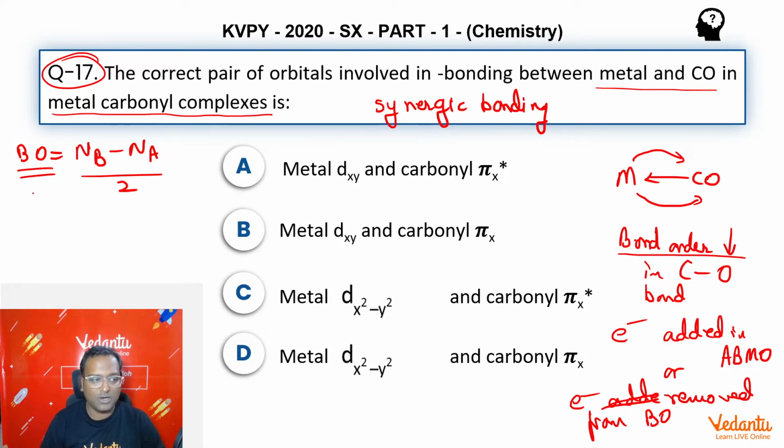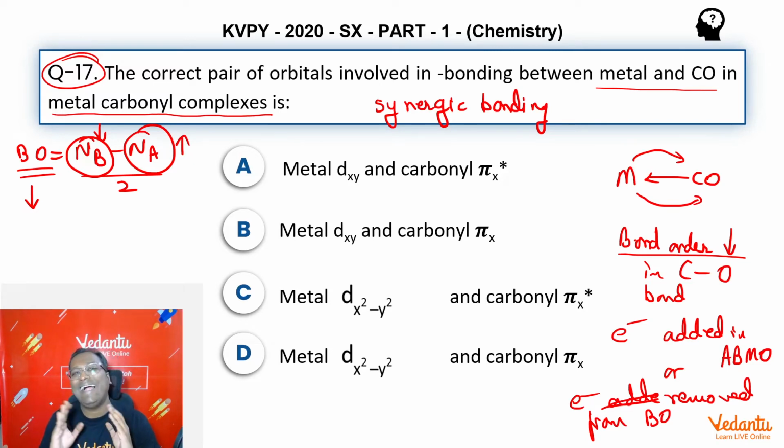So if the bond order has to go down, either this will go down or this will go up, meaning electrons are added in anti-bonding or electrons are removed from bonding. Is that clear? Let's take it to the next step. In synergic bonding, metal was adding electron in carbon monoxide. That definitely means that electron got added in anti-bonding, so that bond order goes down. Okay, so this option is cancelled, and this one is cancelled too.